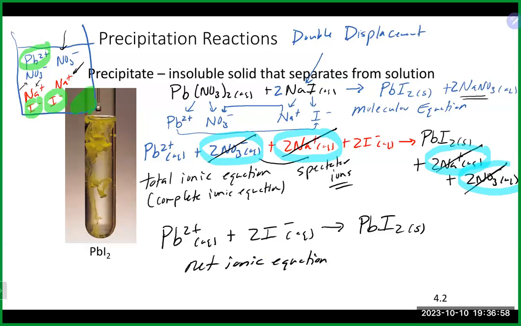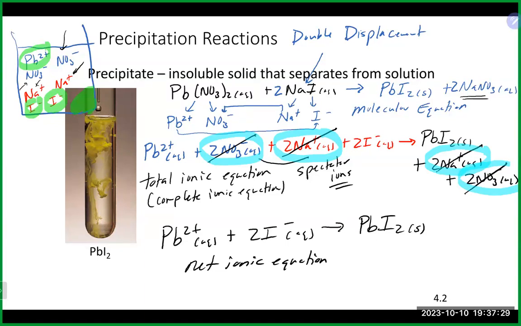The net ionic equation basically cuts down to the heart of the matter and tells you when you mix these 2 solutions together, basically the lead from the lead 2 nitrate finds the iodide from the sodium iodide, and those 2 guys come together to make this precipitate. We made a precipitate here, which again is one of the reasons why a reaction actually takes place. So this is the reason why this reaction takes place, is this formation of this solid. Any questions on that there?